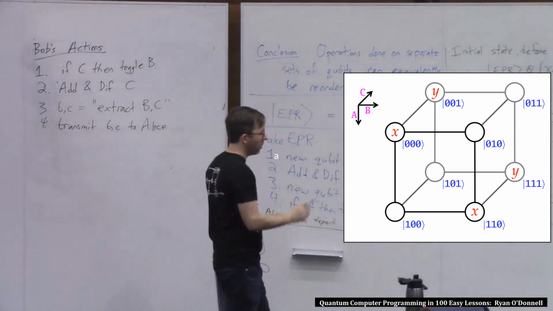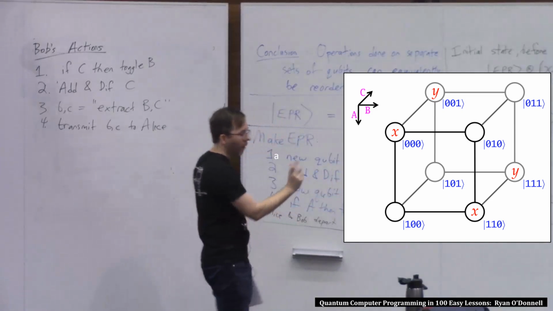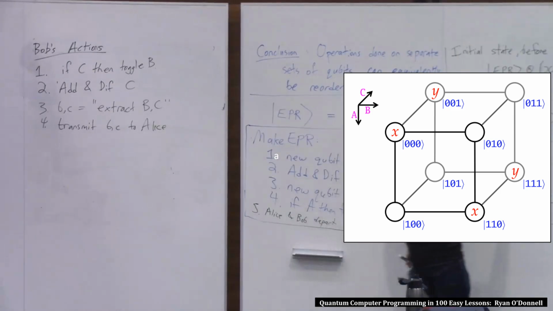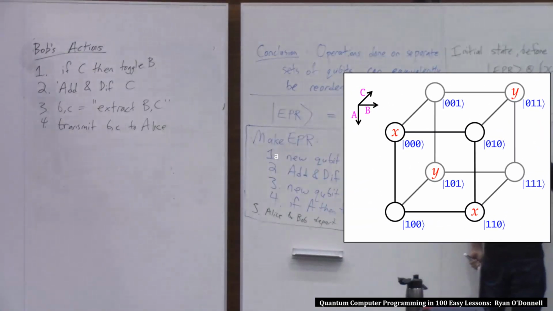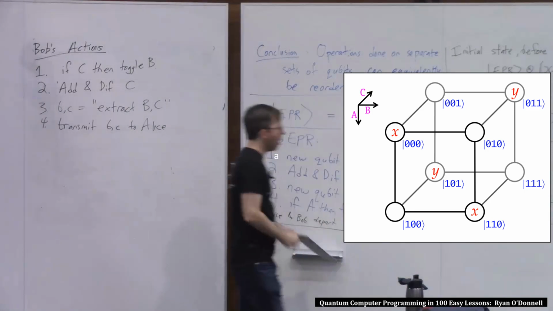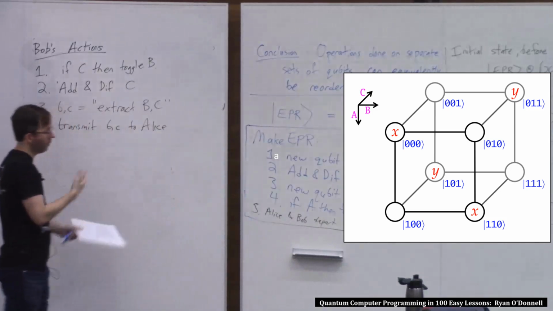That's if C then toggle B, you swap the back horizontal edges. Okay, so this Y goes over here. This becomes 0, and this Y goes over here. Okay, that's on the C equals 1 face. We toggle in the B direction, and on the front face, we don't do anything.